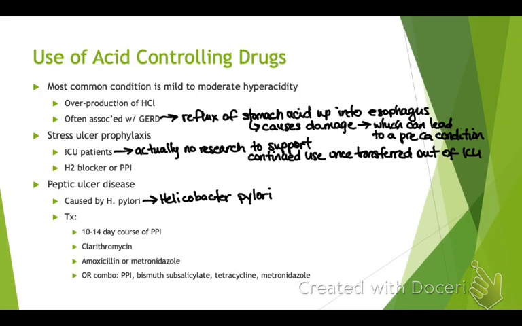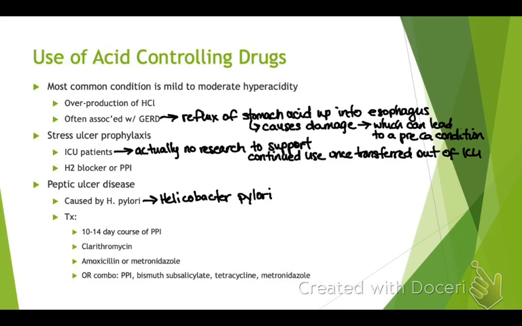Basically, patients that have already been diagnosed with peptic ulcers, and especially those that have been caused by H. pylori, which stands for Helicobacter pylori bacteria. For peptic ulcer disease, we use a specific treatment, and we usually do a course of 10 to 14 days of the PPI.